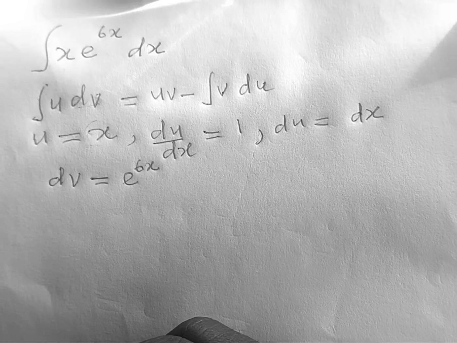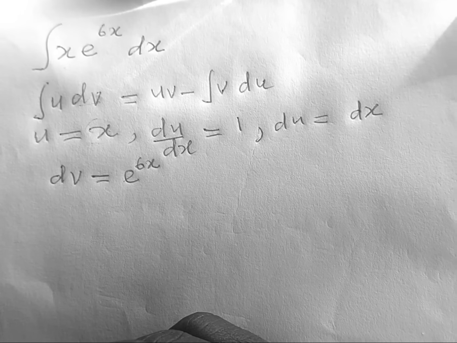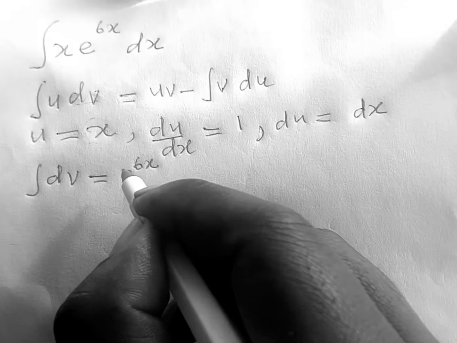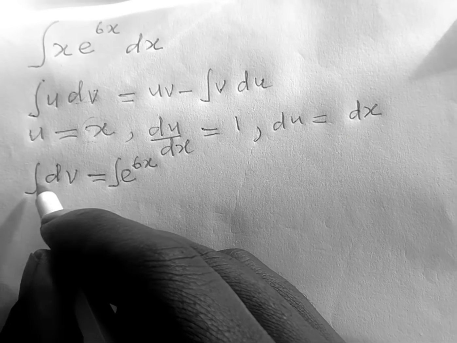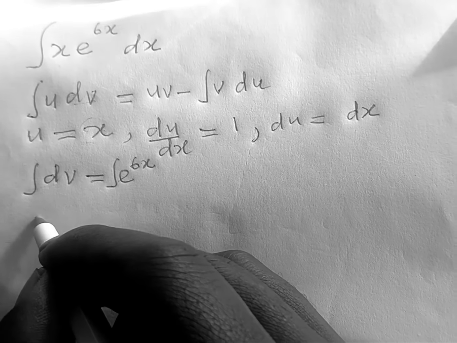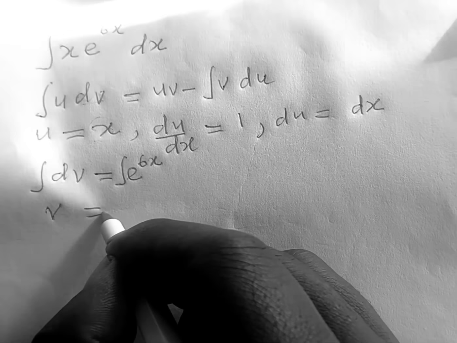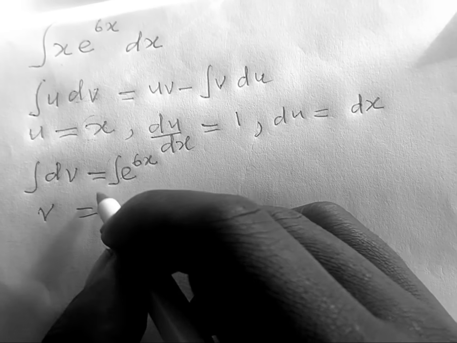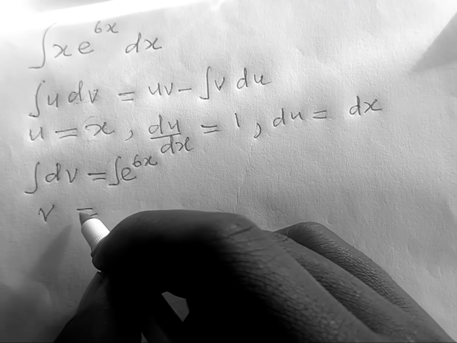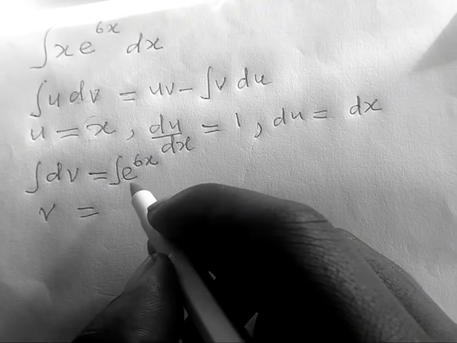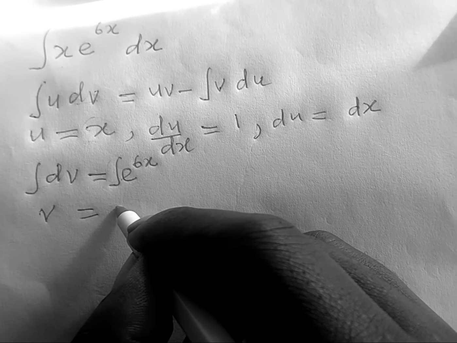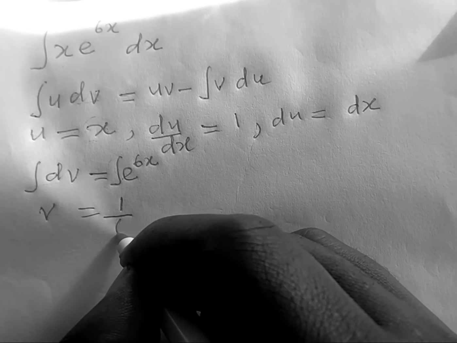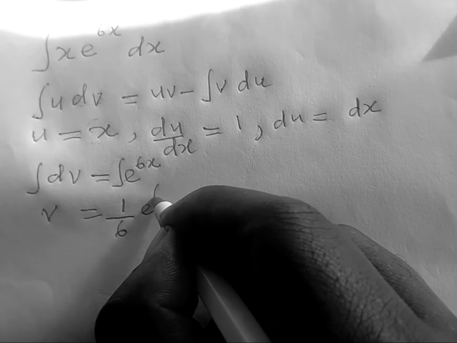So if we want to find v, we take integrals of both sides. Since dv is e to the power 6x, v is equal to the integral of this with respect to x, which gives 1 over 6 e to the power 6x.